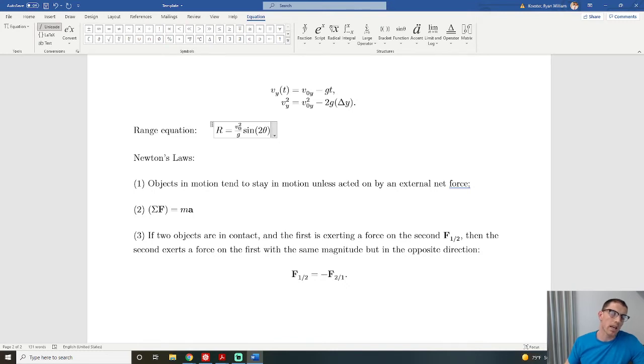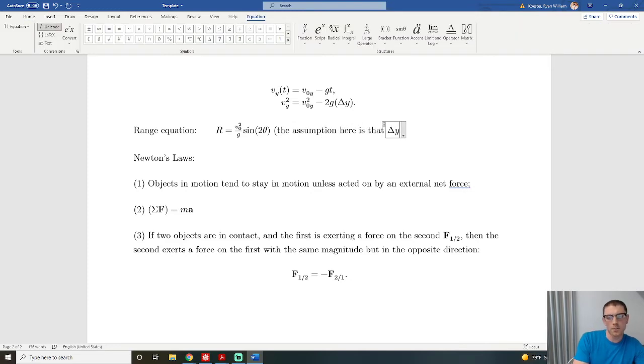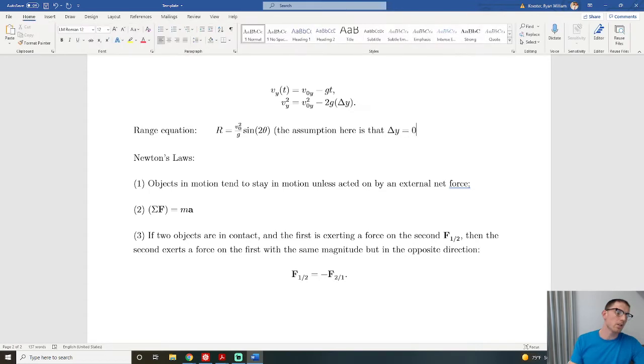Now, I'm sorry to come back to kinematics like this, but I want to say some important stuff about the range equation, because students seem to think that it's super powerful and can solve all your problems. It is useful, but the assumption here is that delta y equals 0. This means that your object starts and lands at the same height.